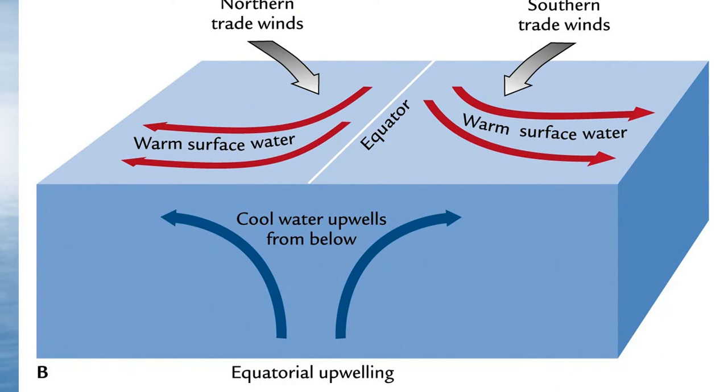This picture shows the upwelling there. We're at the equator, and the cool water will be pulled up by the action of the surface. The warm surface water will be blowing away, and as it blows, it causes the cooler water to move up and take its place, causing movement in the water, making it nice and healthy.